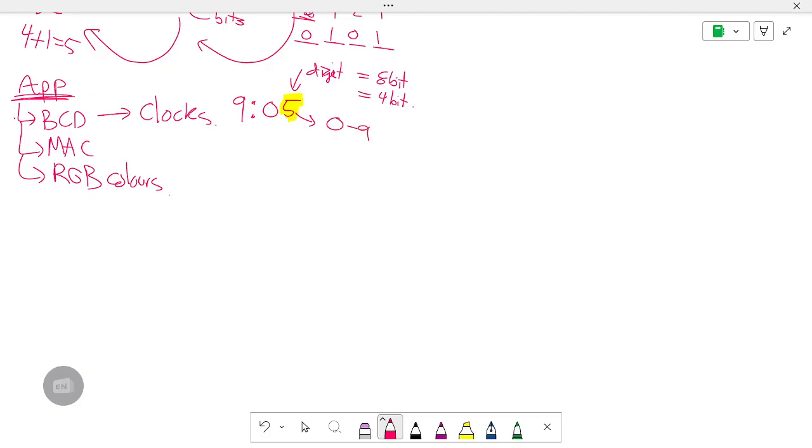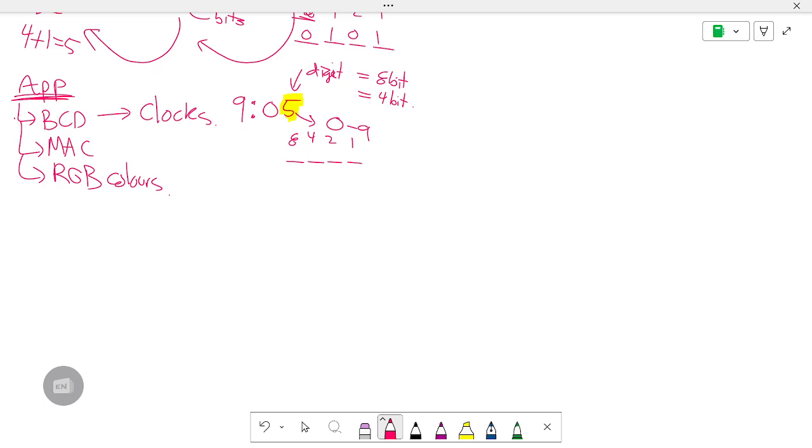Agree or disagree? And so we can save this data into 4 bits: 1, 2, 3, 4, because it's 1, 2, 4, 8. And so 4 bits is enough to represent 1 digit, because we're not going to go over 9, right? Because then it goes into the next digit.